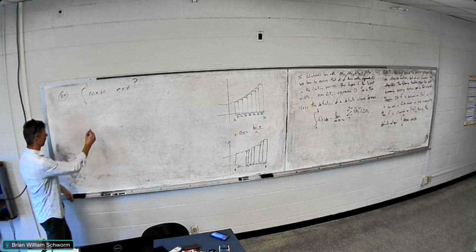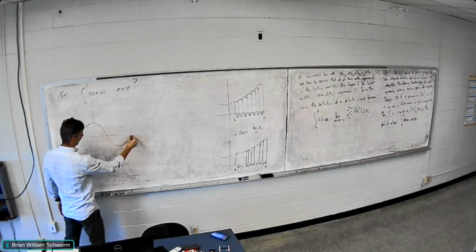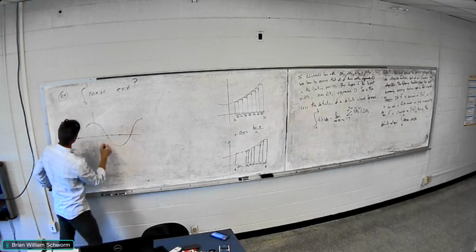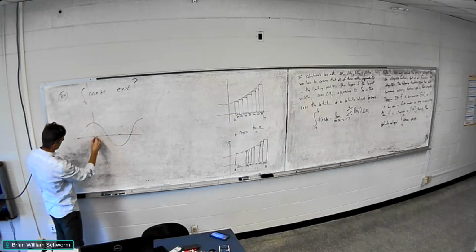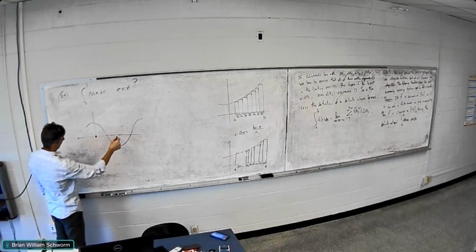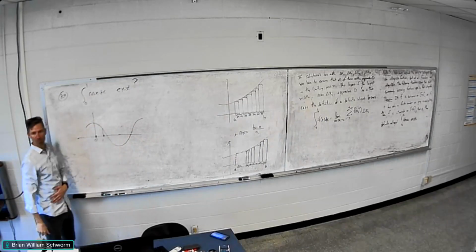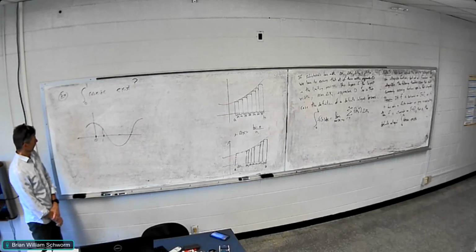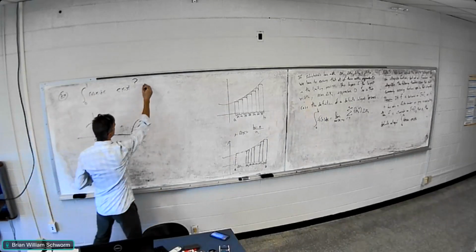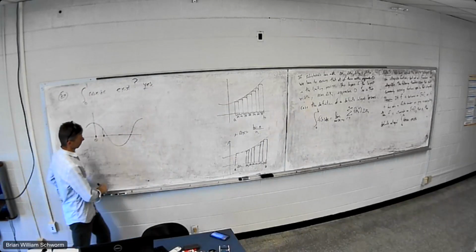Yeah, cosine's continuous. Cosine just looks like that, and here we're just going 0 to 1. Definitely continuous from 0 to 1. So yes, it would exist, because it's continuous.